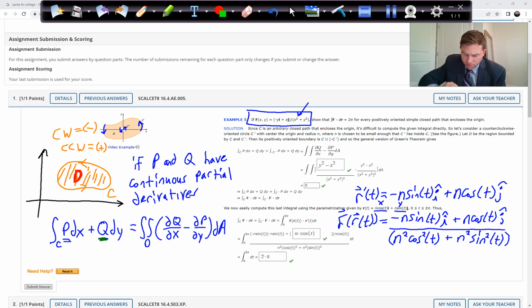Okay, so I got to use color on this one. We are going to dot, so we're going to multiply this term into, try to follow me here, this term.